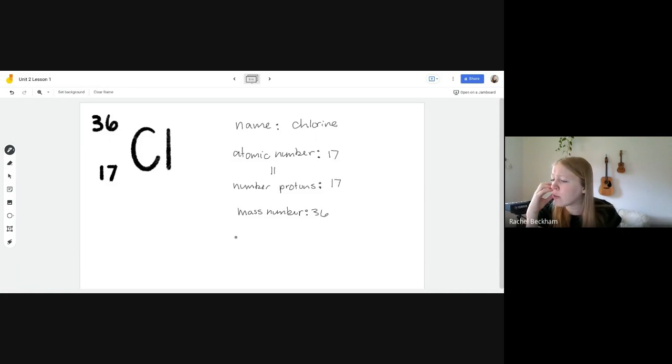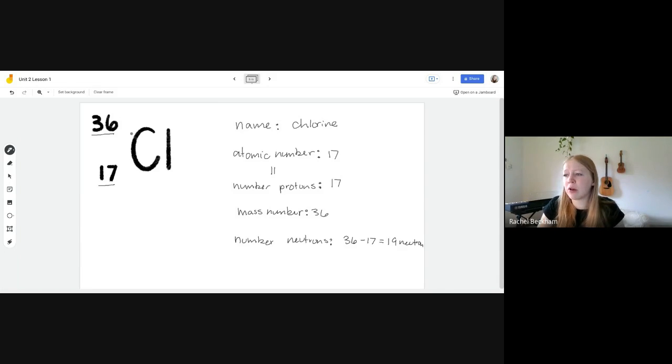If I asked you for the number of neutrons, you could subtract, right? Because this is the mass and this is the number of protons. So if we take the difference, we could get the number of neutrons, right? So we could do 36 minus 17, which would be 19 neutrons, right?